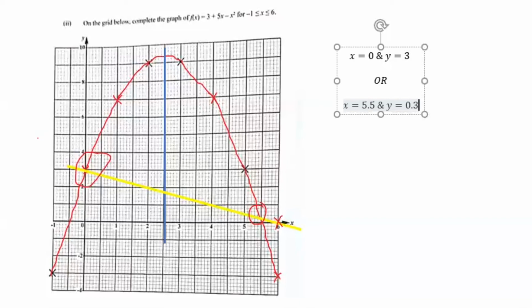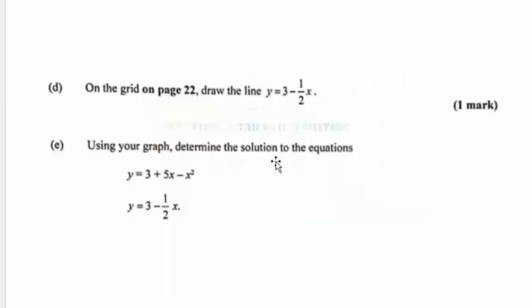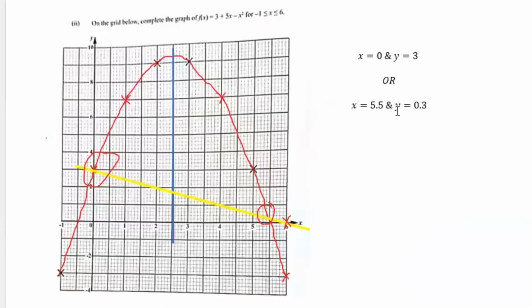And this is basically it. These are what the question asks us for: determine the solution to the equation. So x is equal to 0 and y is equal to 3, or x is equal to 5.5 and y is equal to 0.3, and that would be the solution for our graph.